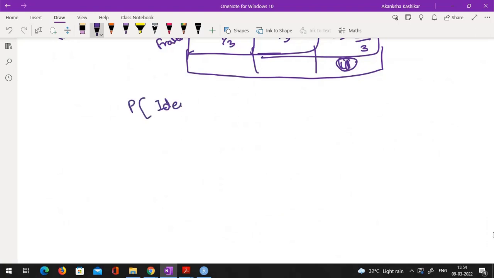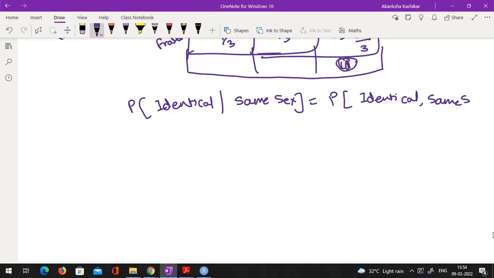The probability of twins being identical given that they are of same sex is the joint probability of identical and same sex, upon the marginal probability of same sex. This you know from your BSc conditional probability.